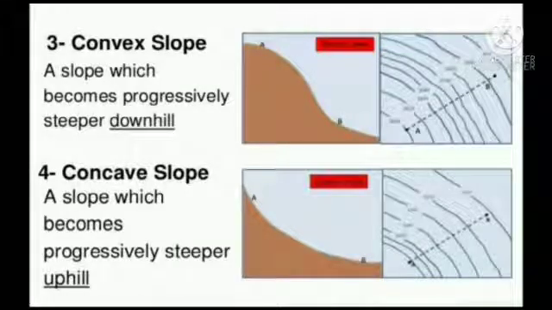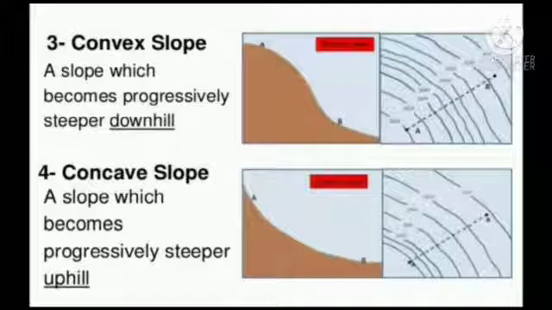What is convex slope? On a map, if the contour lines with high values are farther away and those with low values are closer to one another, the slope is convex. What is concave slope?